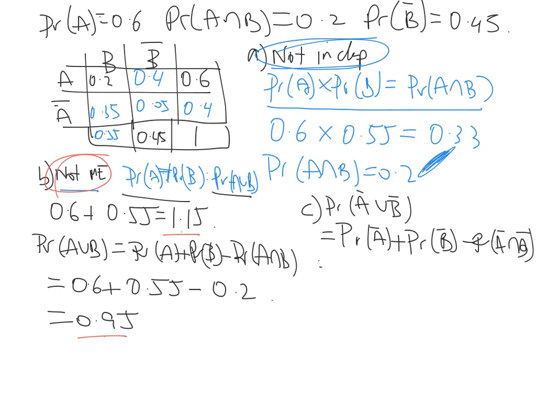So from our two-way table, probability of not A is 0.4. Probability of not B is 0.45. Minus the probability of not A and not B is 0.05. So we end up with 0.8.